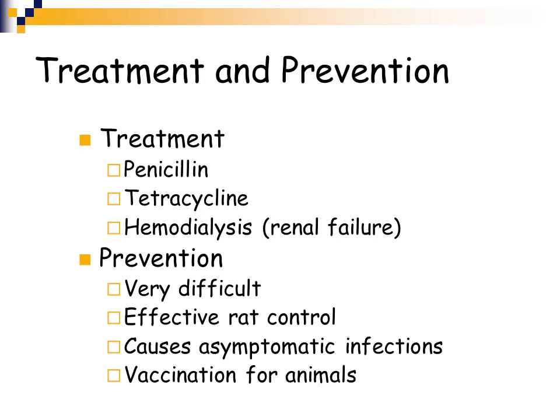So Leptospira is incredibly difficult to control. If you can control rat populations, that is one way to prevent infections. And you can vaccinate animals to prevent infection in animals.